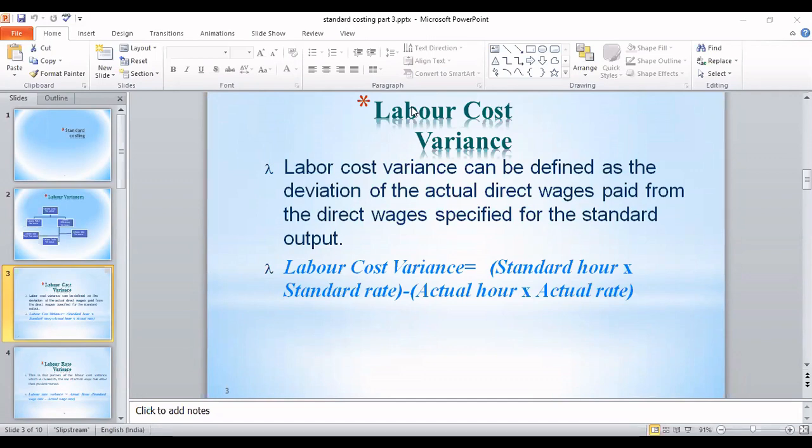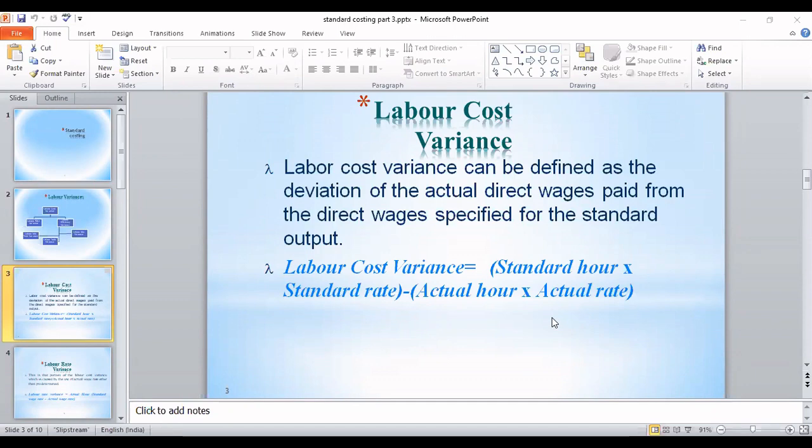Standard labor rate multiplied by standard hours. And how will we get the actual cost? Actual hours into actual rate. And the difference of these two will give me labor cost variance. Is the formula understood?